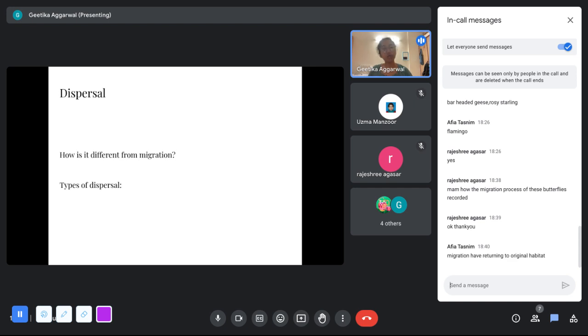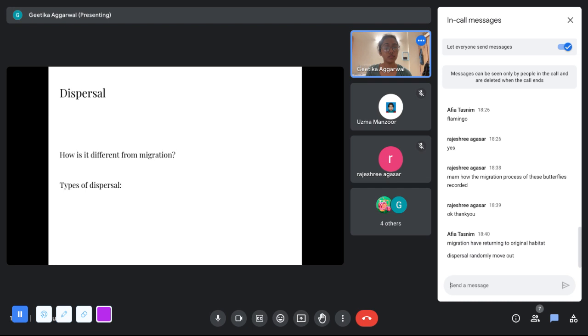Yeah, migration involves your return to the original habitat, and it is a seasonal thing. It happens at regular intervals of time. So on the other hand, what is dispersal? Okay, dispersal.